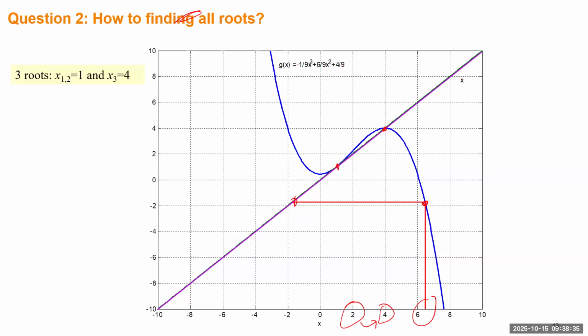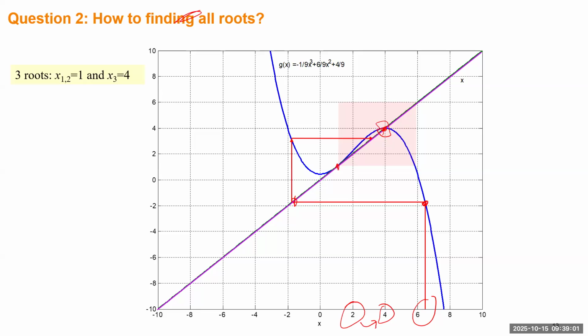That finishes the first iteration. The second iteration, we go up, then horizontally here. After 2 iterations, we get to a point close to that root. If you continue, you will converge to the same root of 4.0.